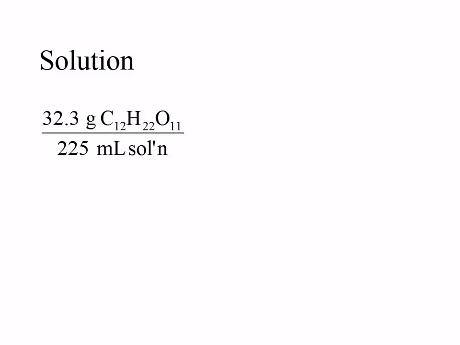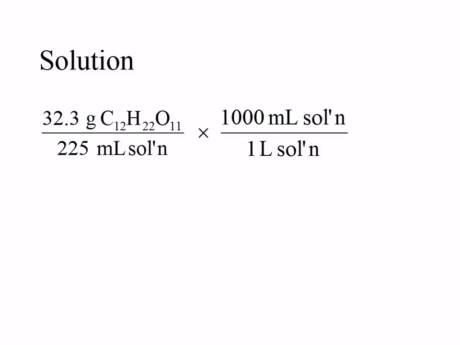Now, our question mark was grams of sucrose per liter of solution. So anybody have an idea how we can get the units in the denominator to switch from milliliters to liters? Multiply it by 1,000. Yes, and make sure you put your units there.